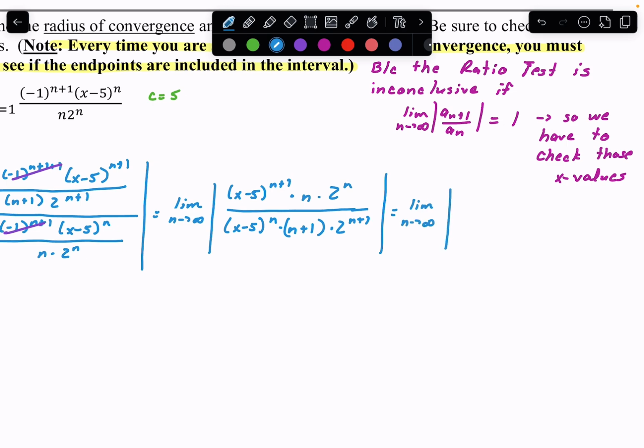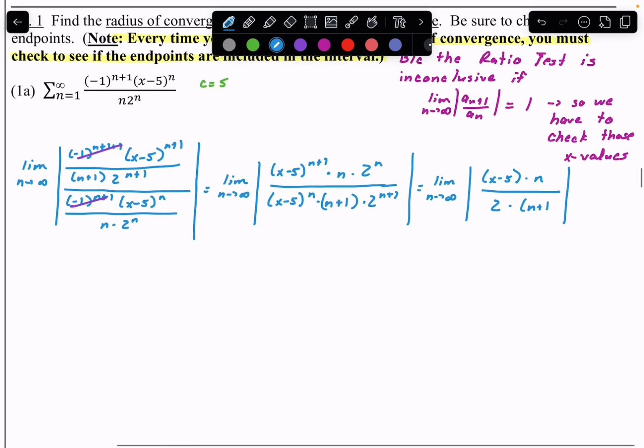So equals the limit as n goes to infinity. Let's reduce appropriately. So I've got x minus 5 left. I still have an n left. When I reduce the 2 to the n and the 2 to the n plus 1, this reduces to just a 2 on the bottom. So now this is 2, but this is still n plus 1. Anything that doesn't have an n is not going to be impacted by the limit. Technically, I can actually factor this out to the front.